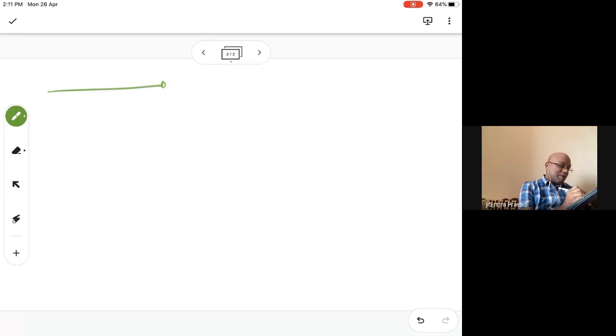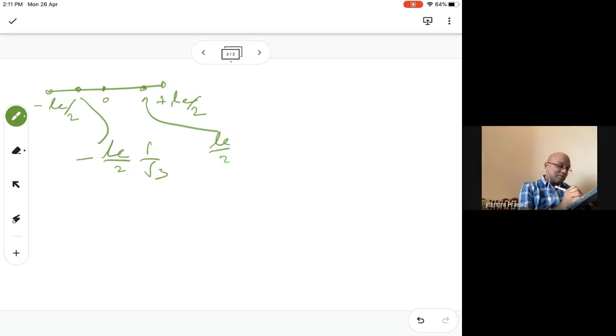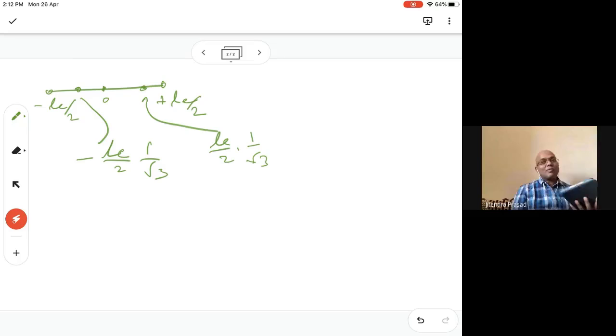Then the Gauss points are simply minus LE over 2 times 1 over root 3, and second, LE over 2 times 1 over root 3. Yes, I got it, sir. Then you find the value of the function there, and you do the integration. You can also do it like that.